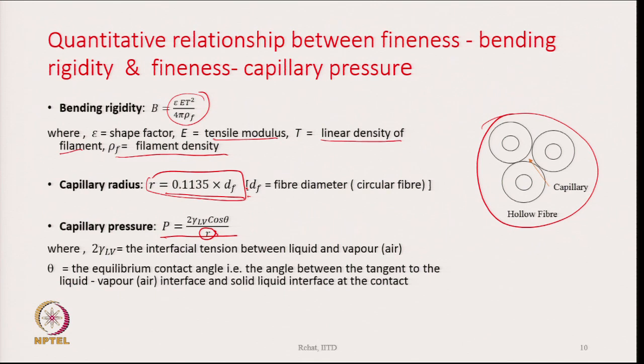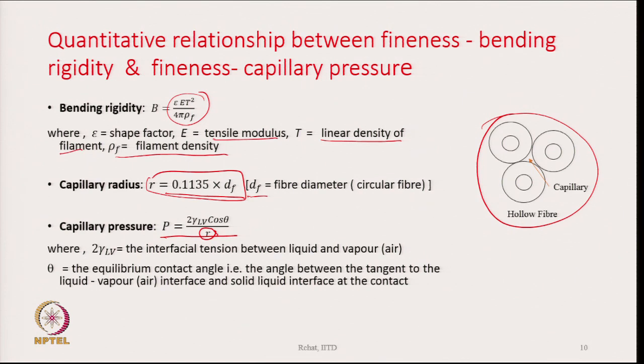Anyway, the point is that R is in the denominator, and therefore, if R increases, pressure is going to be reduced, whereas if R reduces, then pressure is going to increase. R in turn is always dependent on fiber diameter and also on how closely the fibers are packed into the structure.